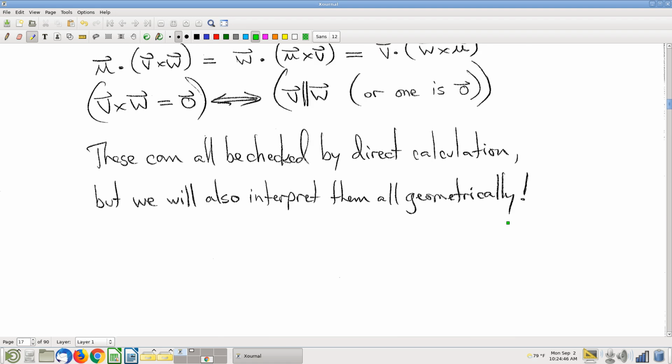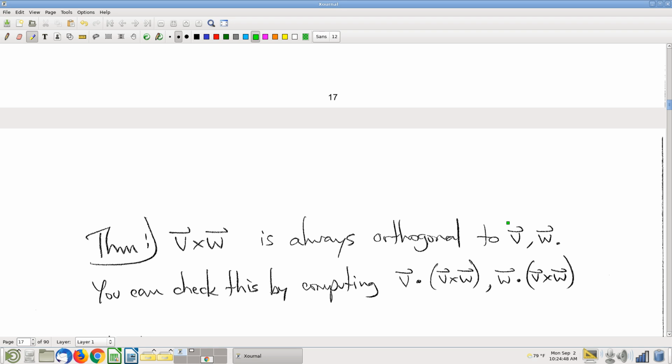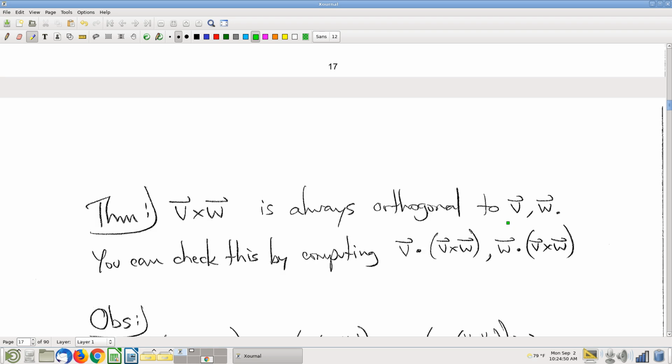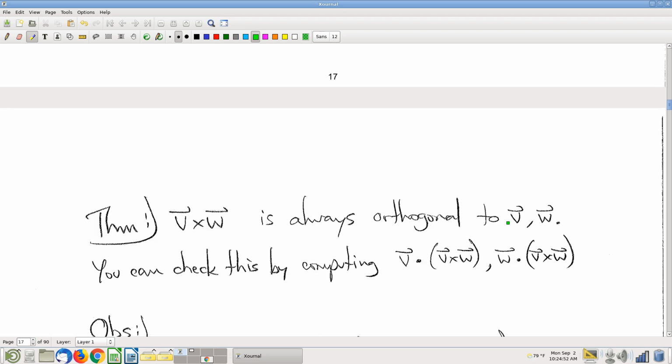Okay. I'm going to start off with another property of cross products. This is arguably the most important one, whatever that means. But certainly this is a very important property. If you have two vectors and you take their cross product, that cross product is always orthogonal to the two input vectors v and w.